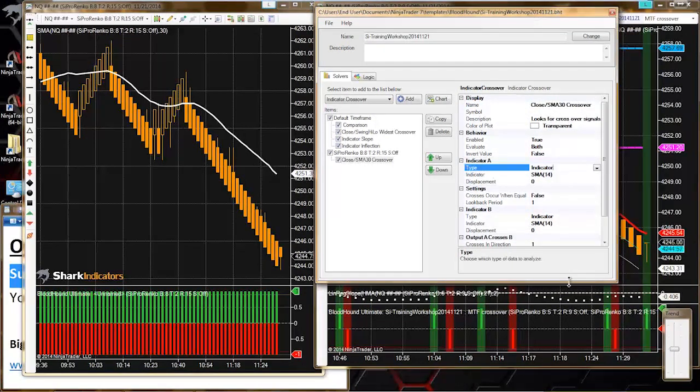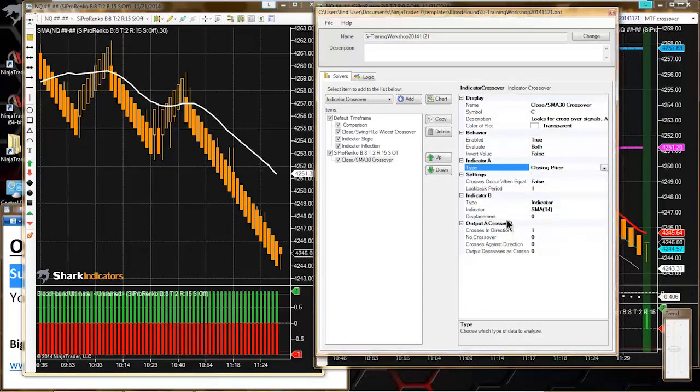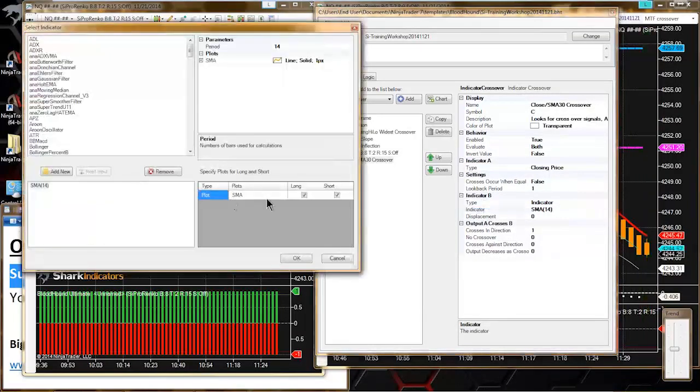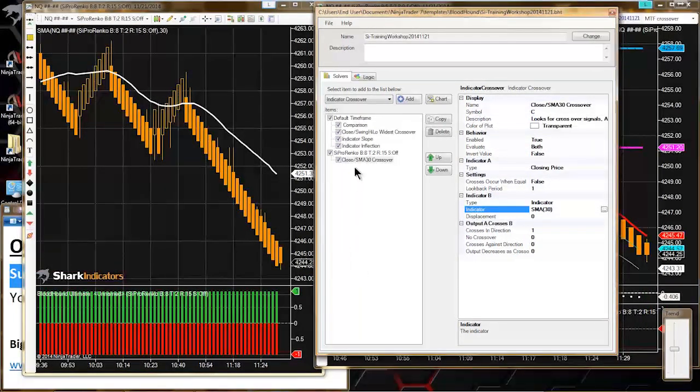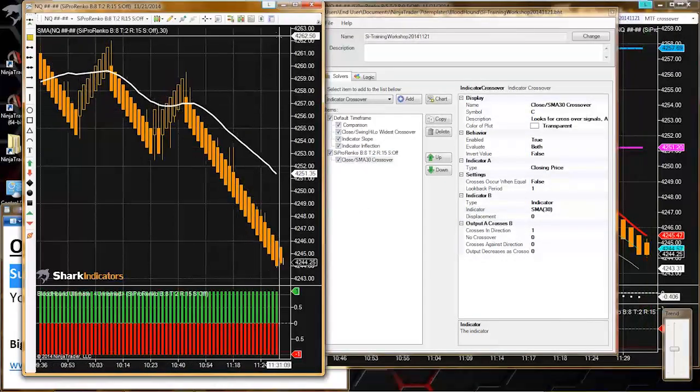All right, I'll set indicator A to our closing price, and I'll set indicator B section to our SMA 30. So I just need to change the period here. There we go.